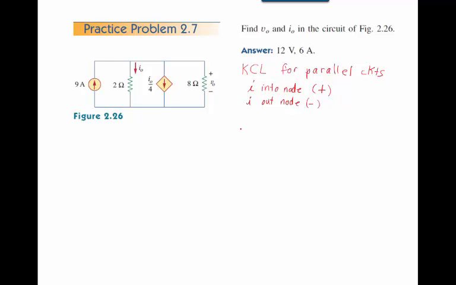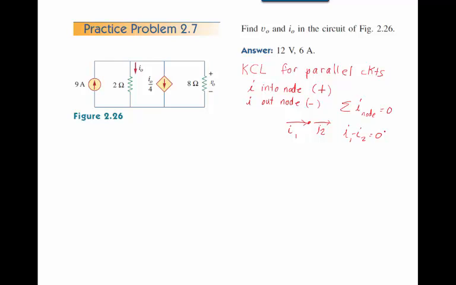I can choose it either way I want, so basically I'm saying that if current is going into the node, it's positive. Current going out of the node is negative if I'm going to sum up all the currents. So if I sum up, in my little example, sum of the currents into the node equals 0. In this little case, I have I1 is positive minus I2 is 0.